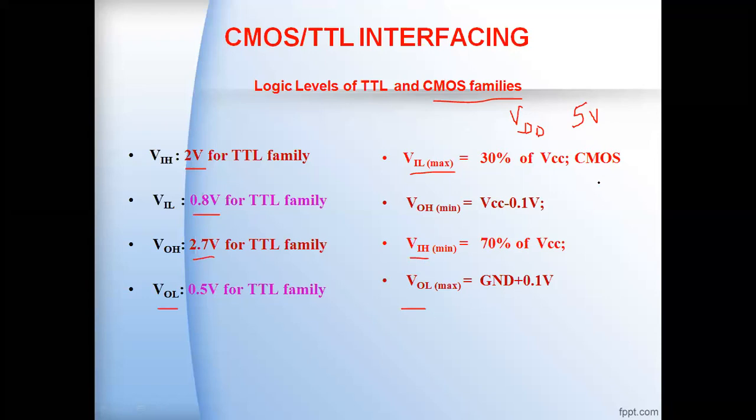Suppose the operating voltage is increased to 10 volts. Now the VIL, VOH, VIH and VOL parameters are not the same as for 5 volts. Now they will be higher values than at 5 volts.